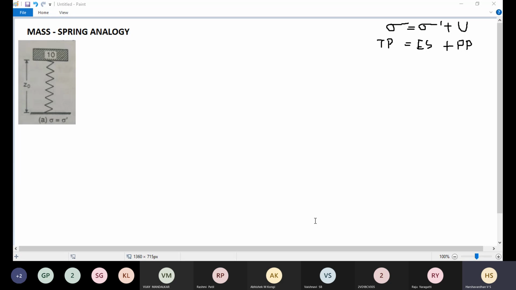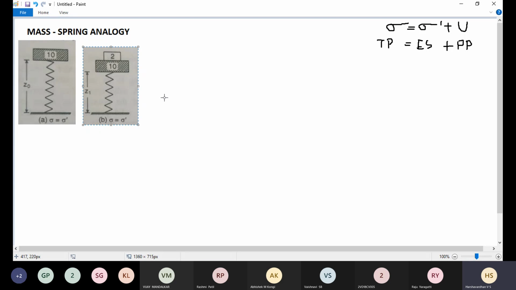Now we will add 2 more units of weight to this arrangement. So initially when 10 units was added and the spring was under equilibrium, the length of the spring was Z naught. Now we are adding 2 extra units.